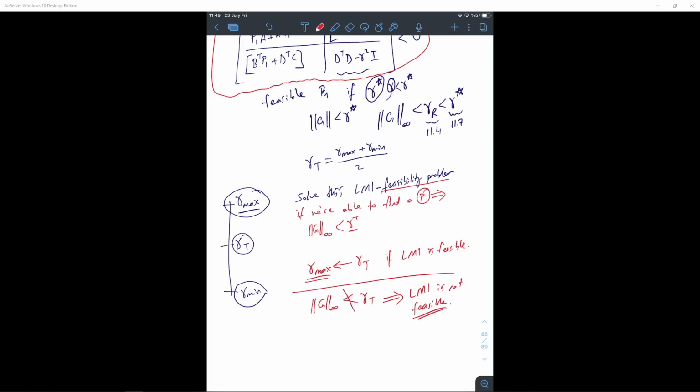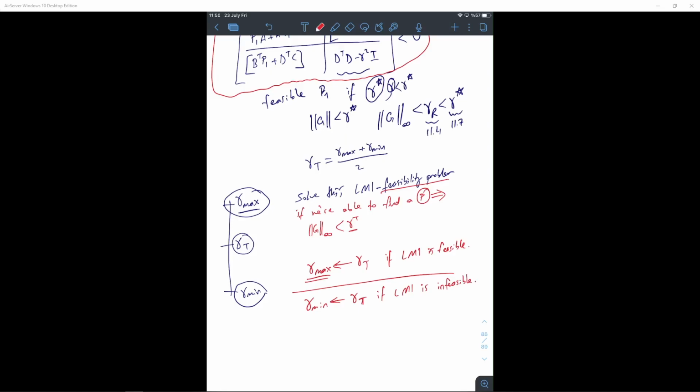YALMIP or another LMI solver that you're using will state infeasible, with a warning on the screen. If that is not feasible, that means gamma t will be a lower bound of our real gamma estimate.